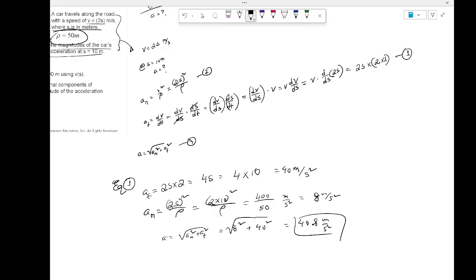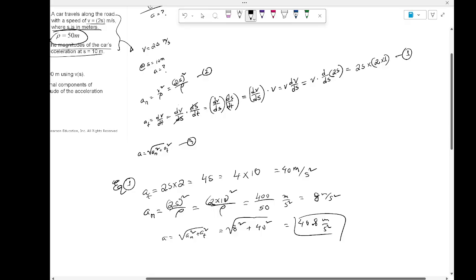All right, to give you an overview of what we learned today: we learned to find the acceleration value A. We learned how to find the distance del S. For del S, we did the integration that we understand from the ds over dt equation. But for A, it has two parts, AT and AN, the tangential and normal components. For AN, we know the equation is v squared over rho.